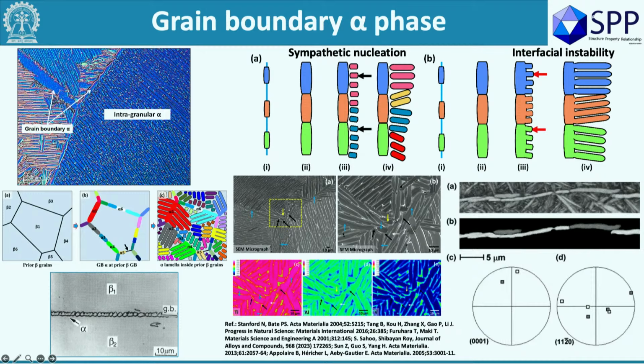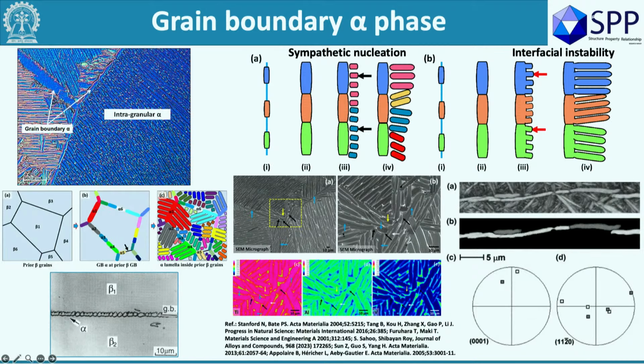They were the first people, I think in 2004, to publish this work, which first shed light on these grain boundary variants. So grain boundary variants are present, with different size and number. The alpha phase is forming, but these two are not exactly related to each other in terms of orientation, and second, they will have some kind of a beta phase in between.